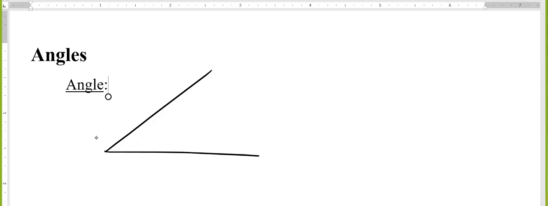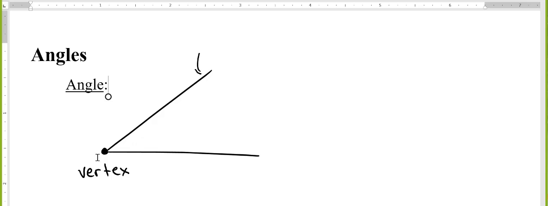What's important to know is that down here, those two lines meet at a point, and that point is called the vertex. And an angle has two sides and shares a common vertex.